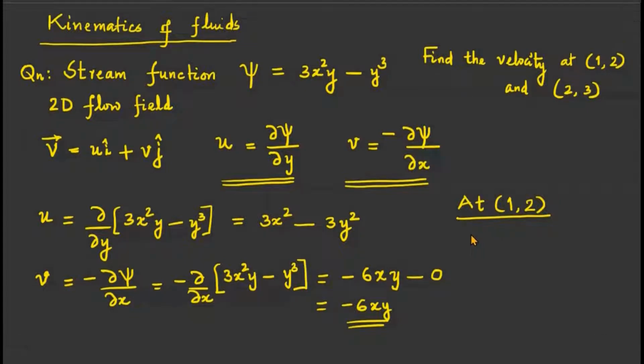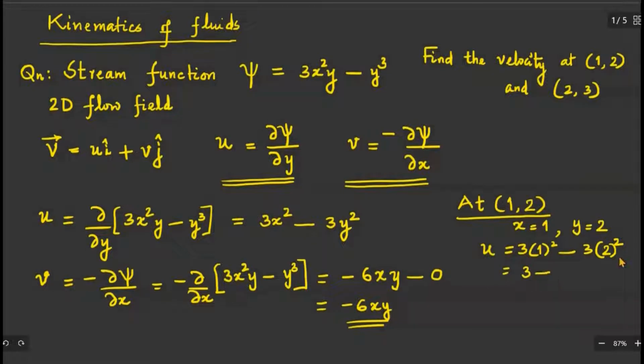So u will be at x is equal to 1 and y is equal to 2, and you find u is equal to 3x squared minus 3y squared. So it is 3 minus 12, which is minus 9.